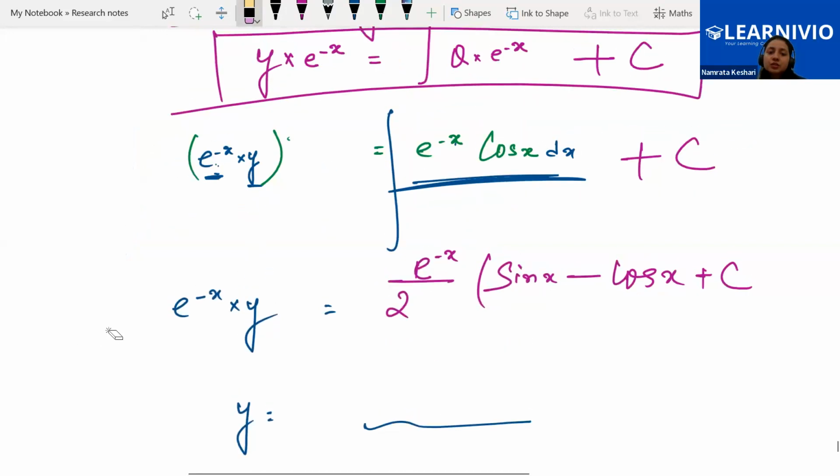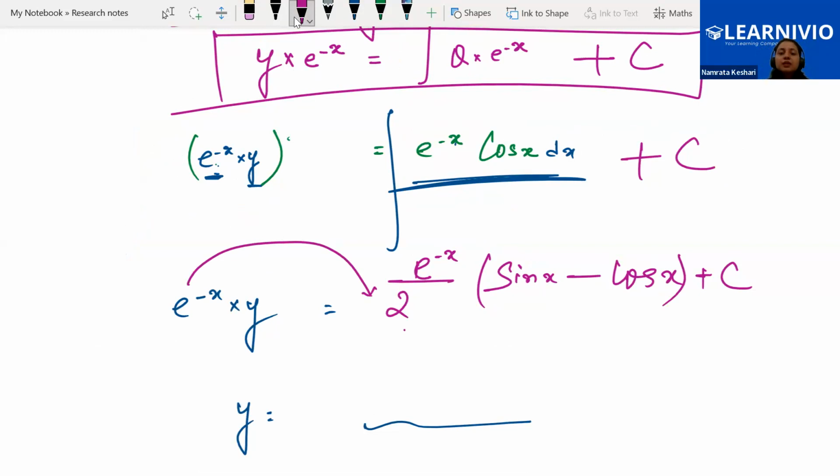Any confusion, Murtaza? Now you have to keep y separately on one side, and whatever extra e to the power minus x is there, you can shift to this side, and that way you can keep your answer. So e to the power minus x we will shift to this side. It will go in the denominator of the first part and the second part.